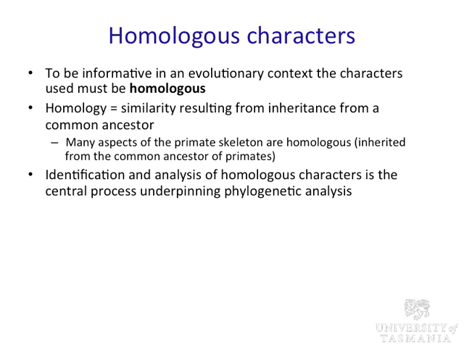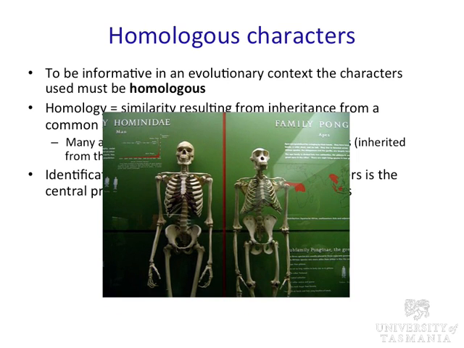A good example might be primate skeletons, which are homologous. We share a certain body plan in the way our skeletons are structured that is a result of our ancestry from a common ancestor that formed the primates. So some years ago I was wandering around in a museum in London, and there was a display of an ape skeleton and a human skeleton.